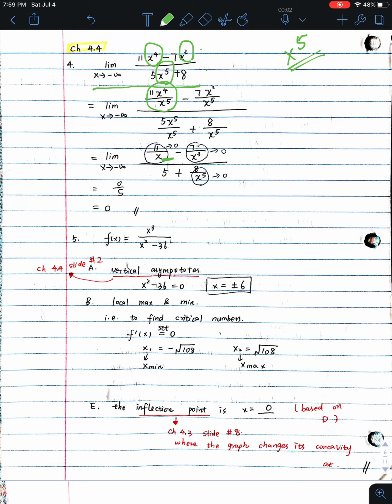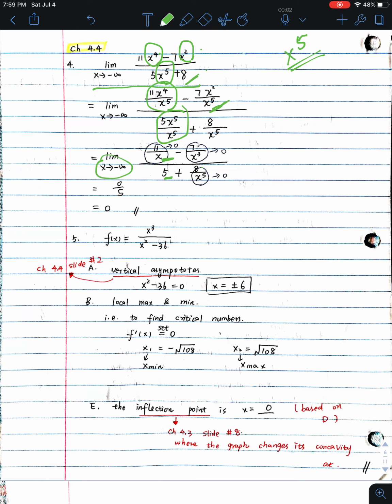For the second term, 7x squared divided by x to the power 5 is 7 over x to the power 3. And for the denominator, 5 over x to the power 5, what's left is 5. And for the fourth term, it's 8 over x to the power 5.